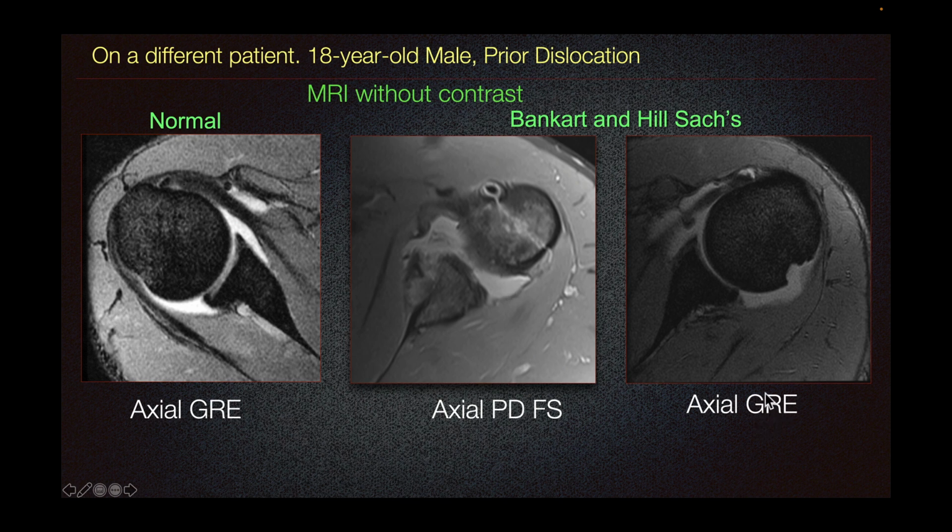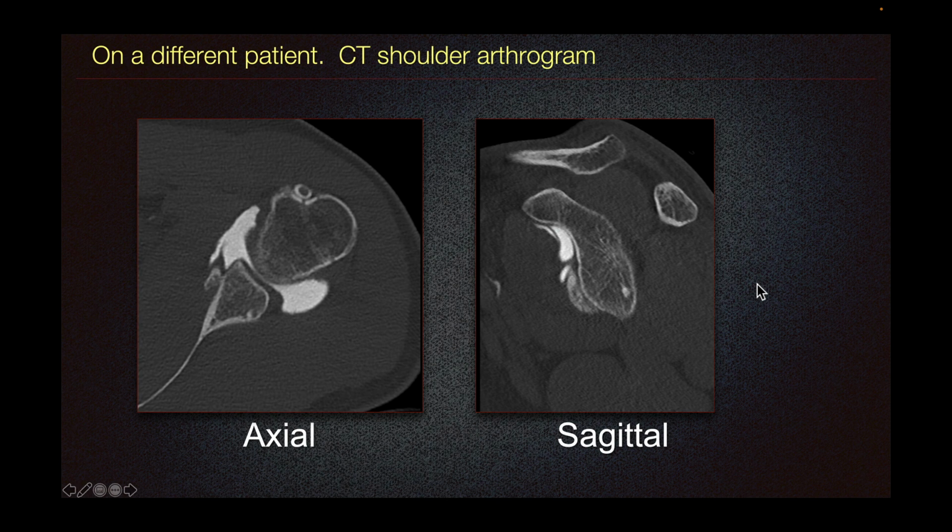Here on our axial GRE, this is at the superior aspect of the glenohumeral joint. We can see this cortical defect at the posterior superior lateral aspect of the humeral head, consistent with Hill-Sachs deformity. In some instances, the osseous component in patients with Bankart lesion is hard to discern on MRI, and CT may be performed.